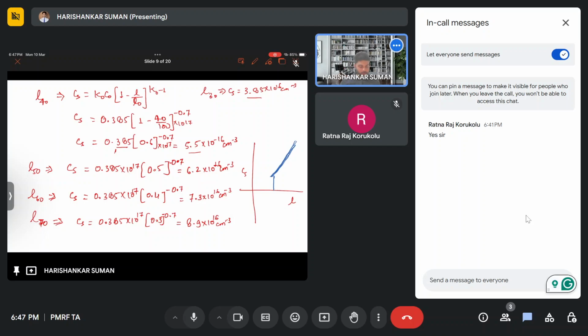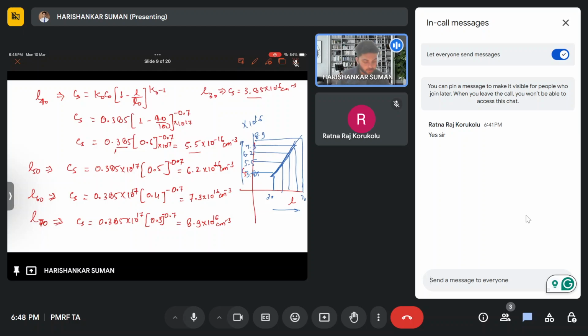Let's say this is 30 centimeter, 40, 50, 60, and 70. This is around 3.85, 5.5, 6.2, 7.3, 8.9, and 10 to the power last 10.